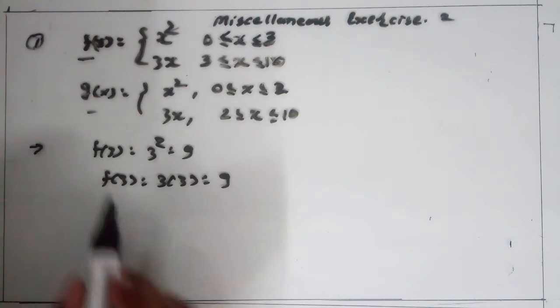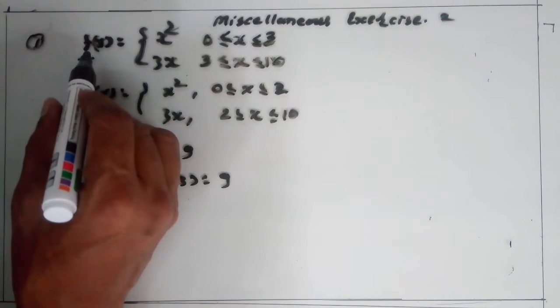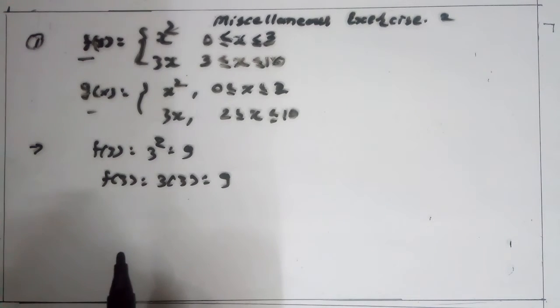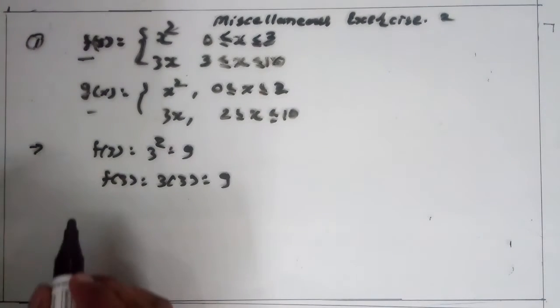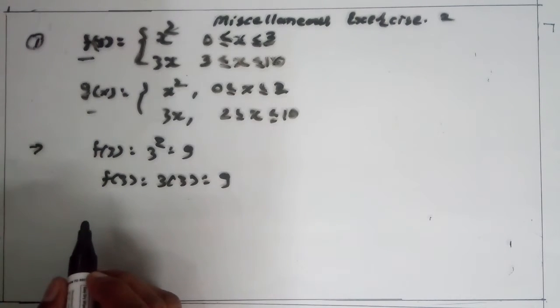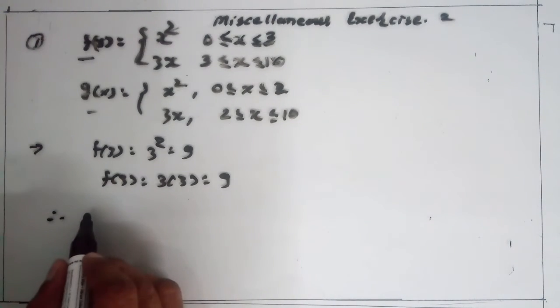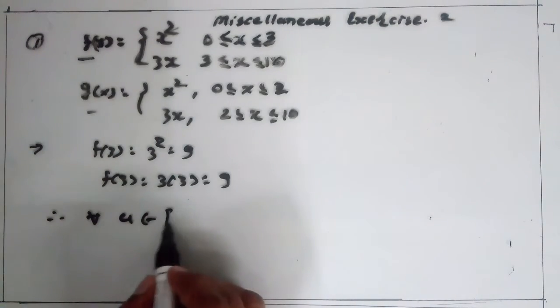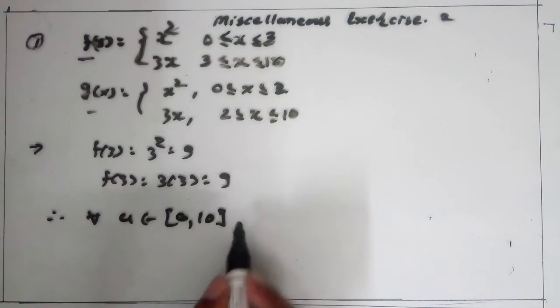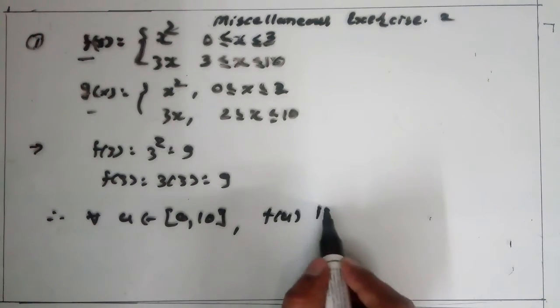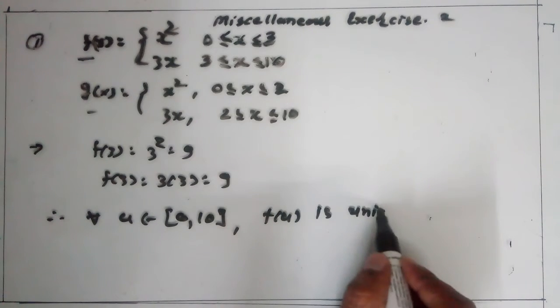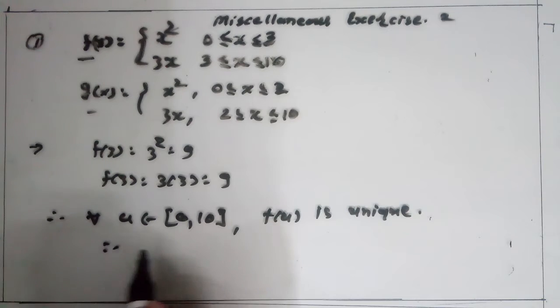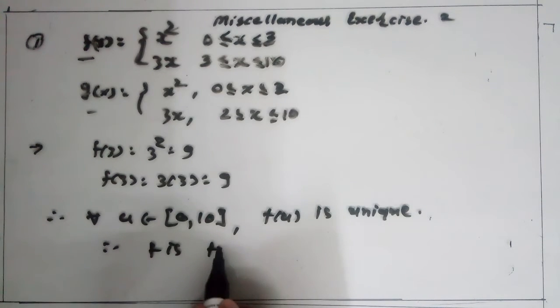That means f associates every element of the domain with a distinct element of its codomain. Clear? So the given relation is a function. Therefore, for all a belonging to the closed interval 0 to 10, f(a) is unique. Clear this? Therefore, f is a function.